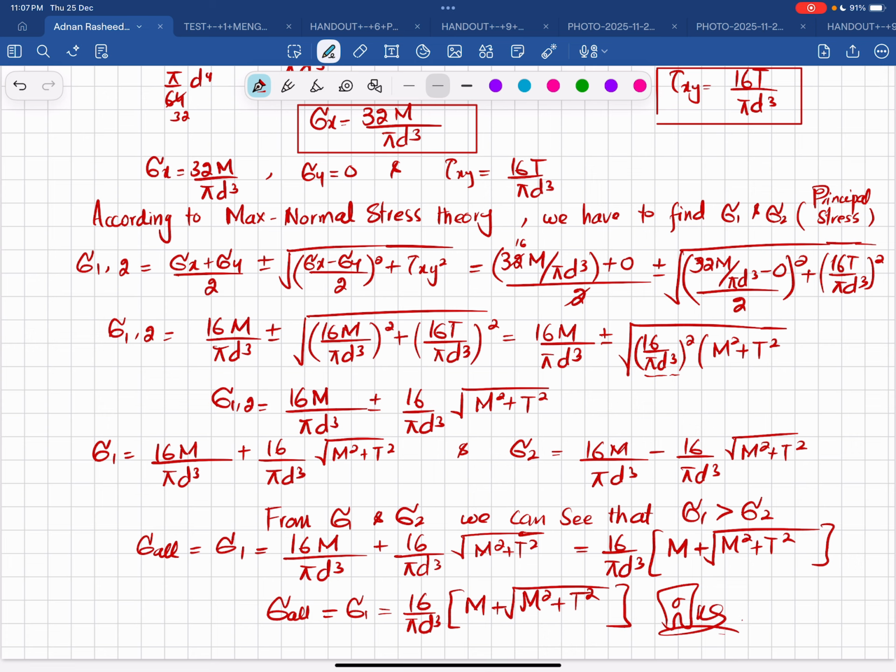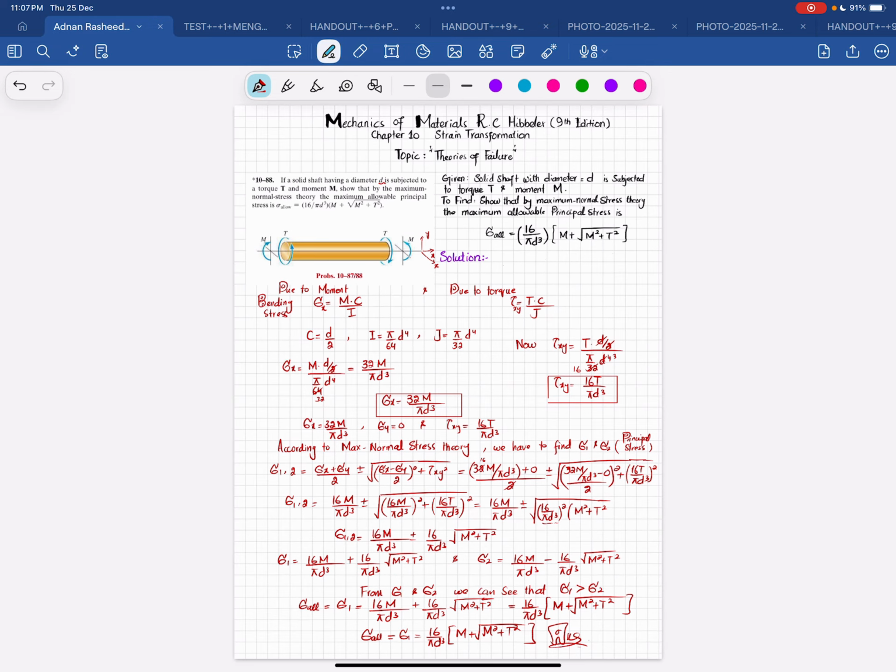And you can compare it with the equation given above.